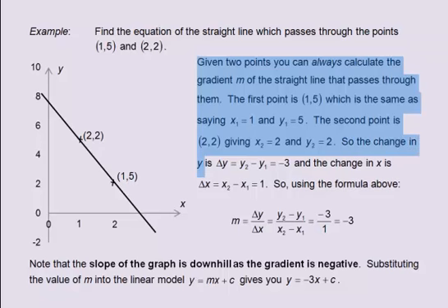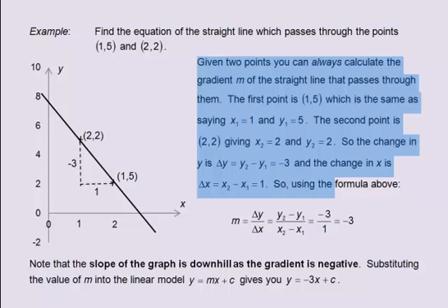So the change in y is delta y, which equals y2 minus y1, which equals minus 3. And the change in x is delta x equals x2 minus x1, which equals 1.